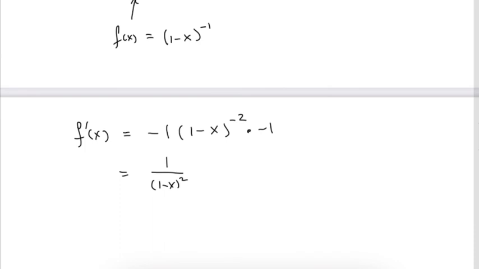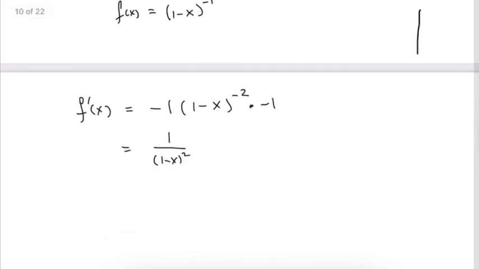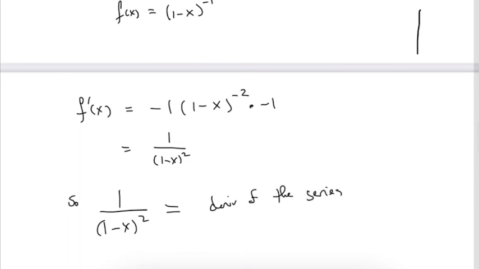But the theorem says that this derivative is equal to the derivative of the series term by term. And so this means 1 over 1 minus x squared is equal to the derivative of the series, which is, remember I started with the sum of x to the n, right? And when I take the derivative term by term, it becomes the sum of n x to the n minus 1.